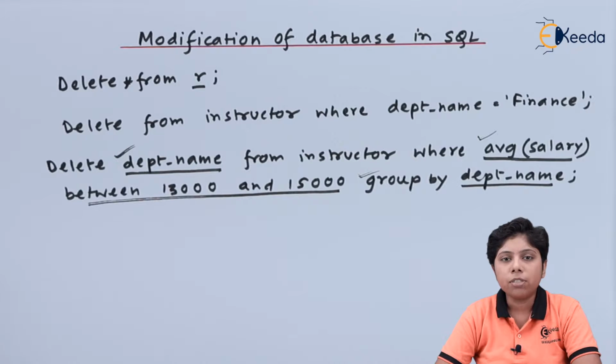Now we will use some subqueries in the where clause while deleting a department name or any other attribute from a relation.